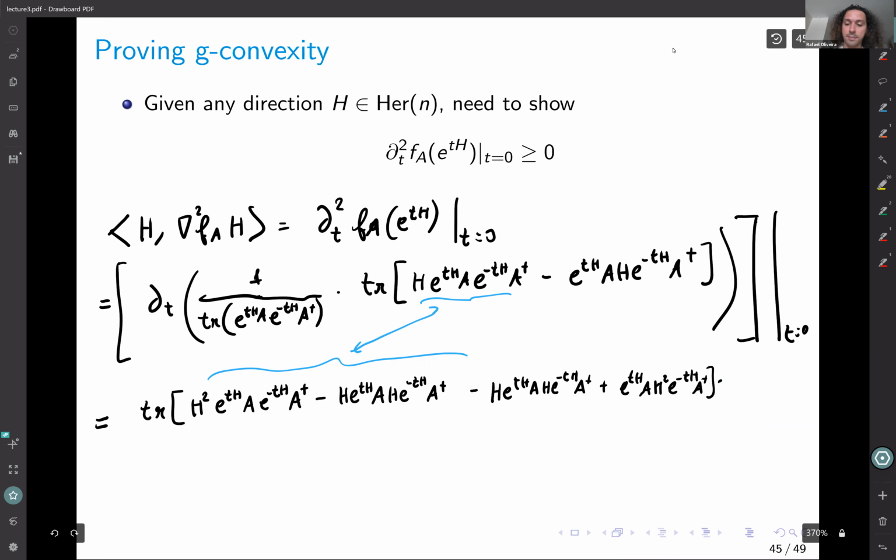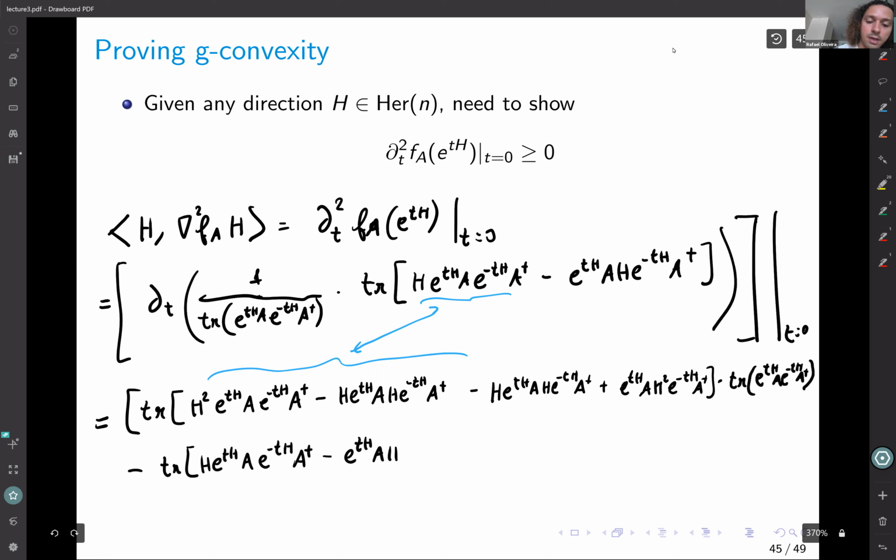Now we multiply this by the trace of the denominator, the trace of e^{tH} a e^{-tH} a dagger. And then we have minus the first term, which is the trace of H e^{tH} a e^{-tH} a dagger minus e^{tH} a H e^{-tH} a dagger.